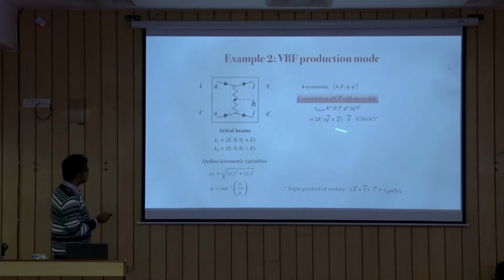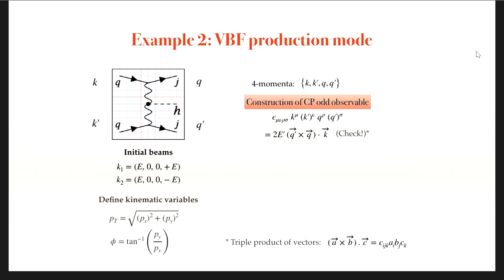And it is not very difficult to check that this relation comes from this construction using the triple product of vectors, A cross B dot C is equal to epsilon ijk ai bj ck.